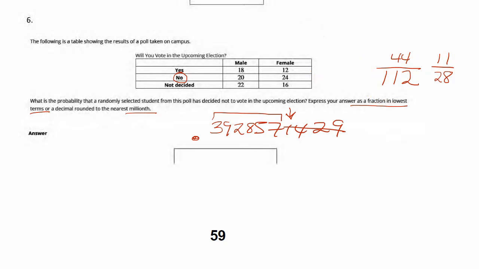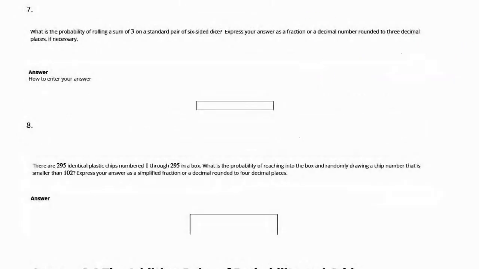All right, let's go on. Now, for number 7, again, you'd look at your chart of the dice, and how often would you get a 3? Well, again, these were some basic elementary ones.